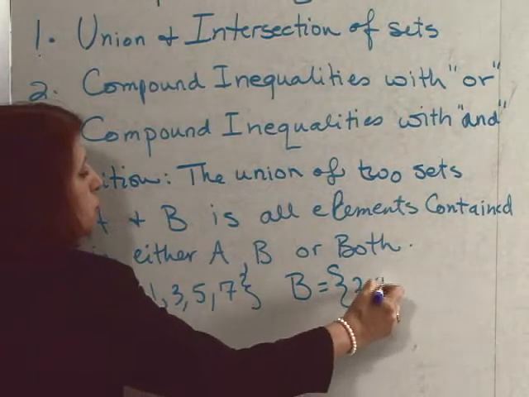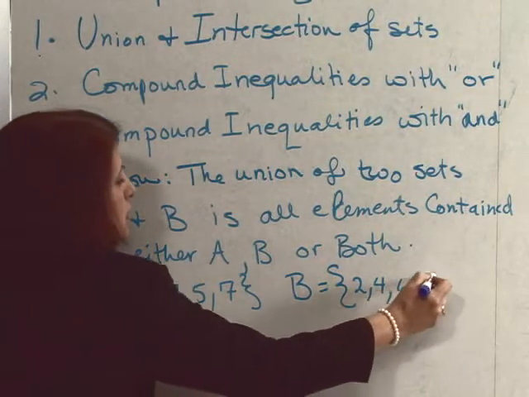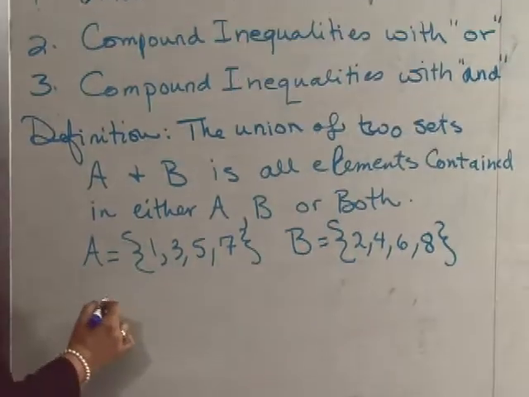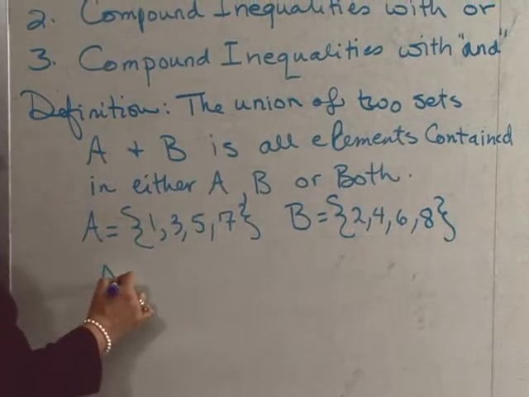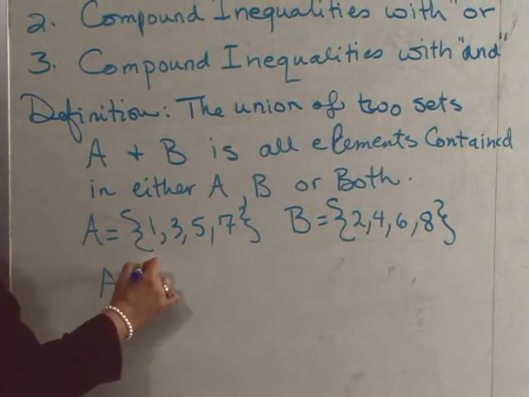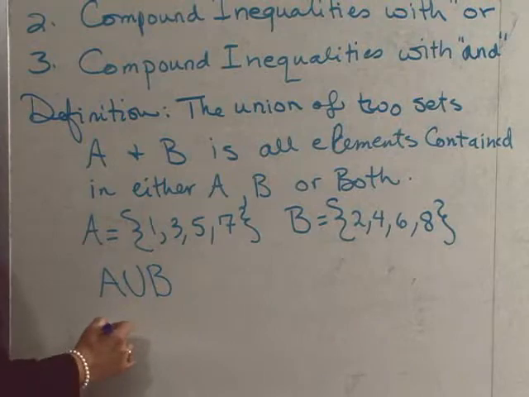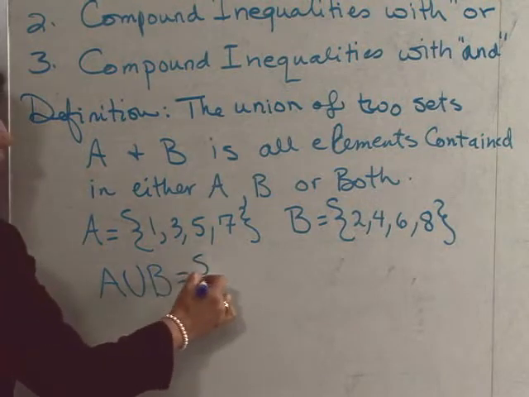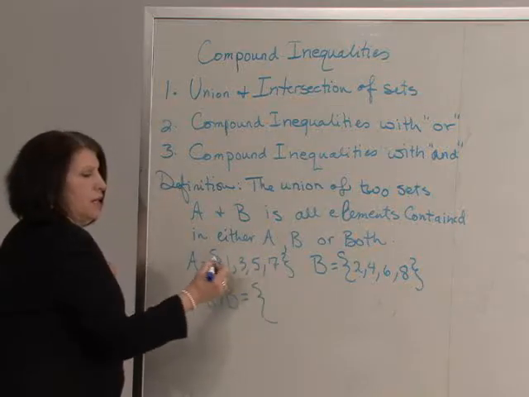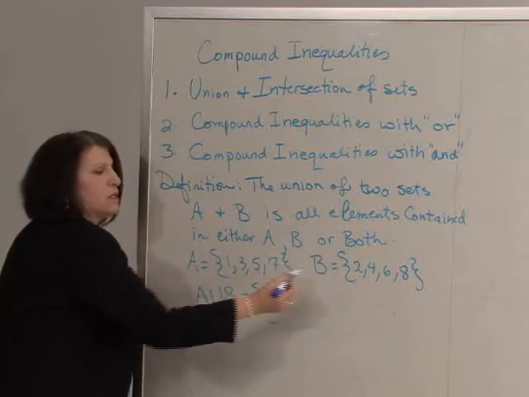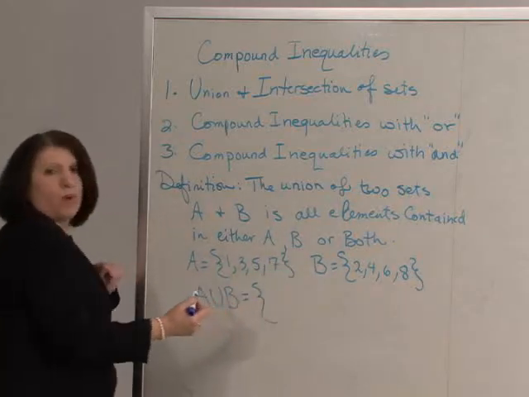elements 2, 4, 6, 8, then the union, which we denote by A ∪ B, of the two sets will be everything in A or B, which means everything that's contained in both.